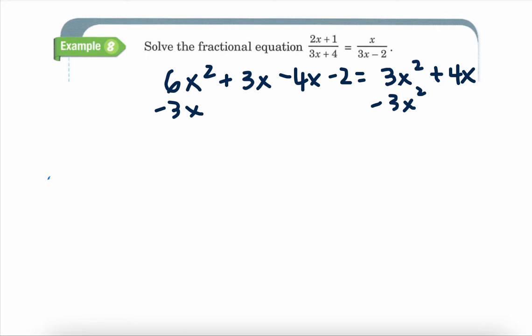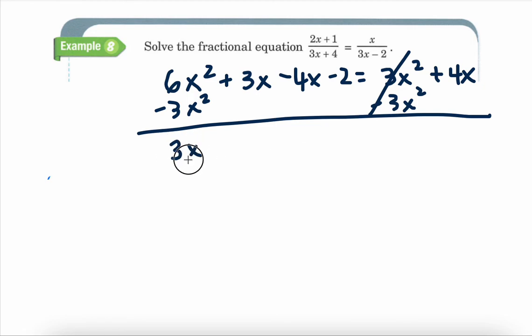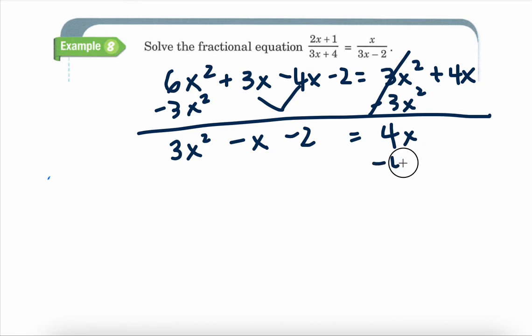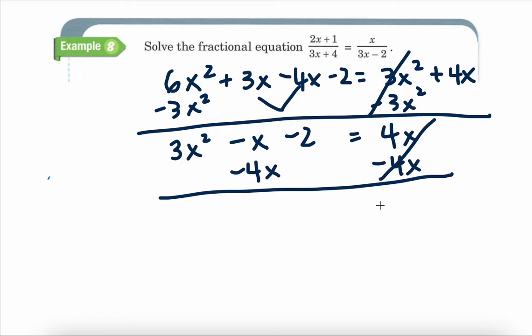Okay, so I'm going to move all that stuff over. So I end up with 3x squared, this combines to minus 1x minus 2 equals 4x. So I still need to subtract 4x from both sides. So I'm basically just moving everything over to the left-hand side so that I end up with just my quadratic expression equal to 0. And then I still have to factor it.